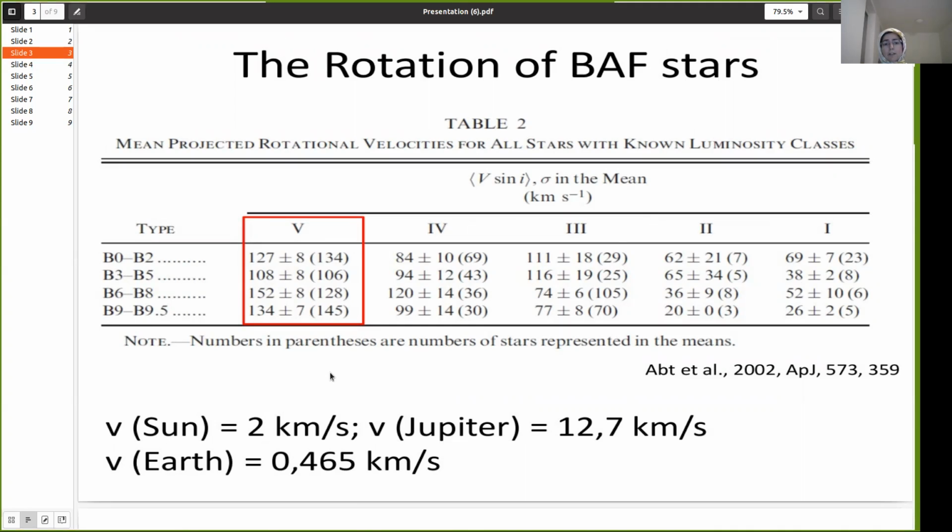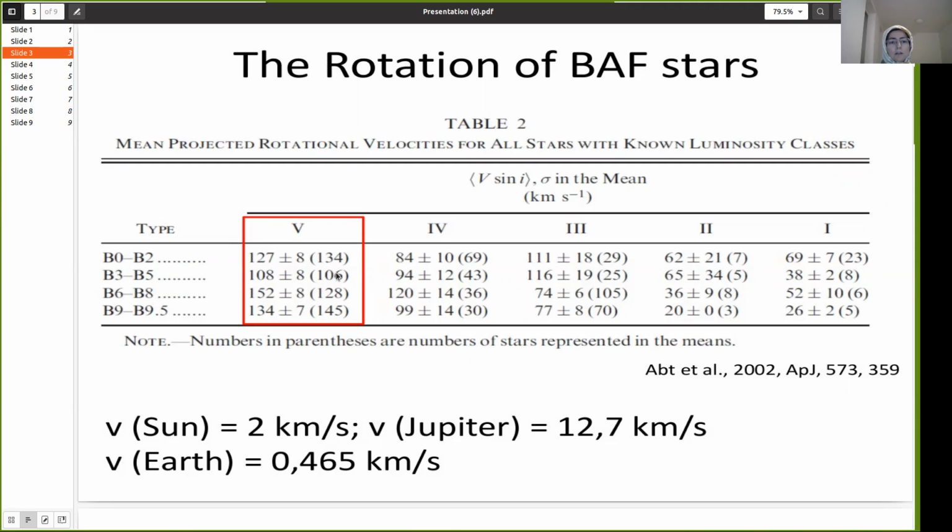For Earth, it is 0.4. And for Jupiter, it is 12.7 kilometers per second. And you see, in our solar system, Jupiter has the fastest rotation.